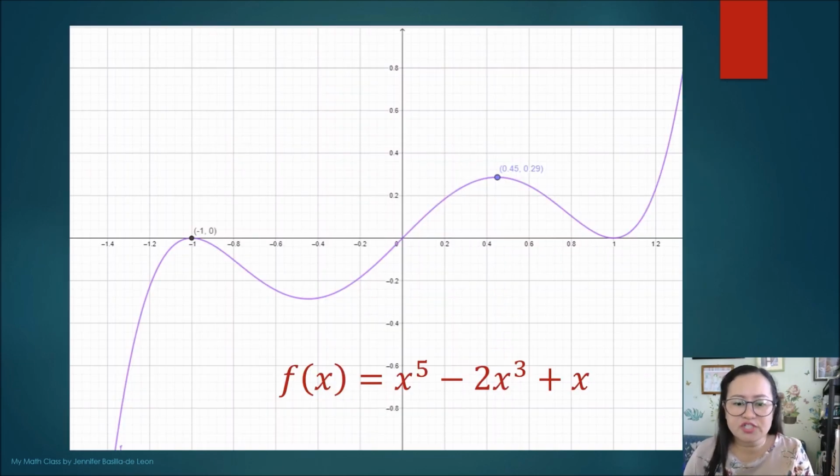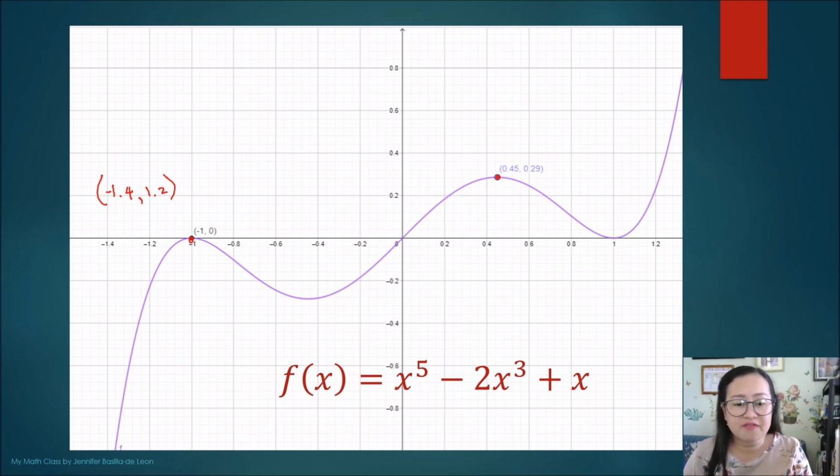Consider the function f of x equals x raised to the fifth power minus 2x cubed plus x. Also, consider the open interval from negative 1.2 to positive 1.2. On this interval, we can clearly see that there are two relative maximum points.